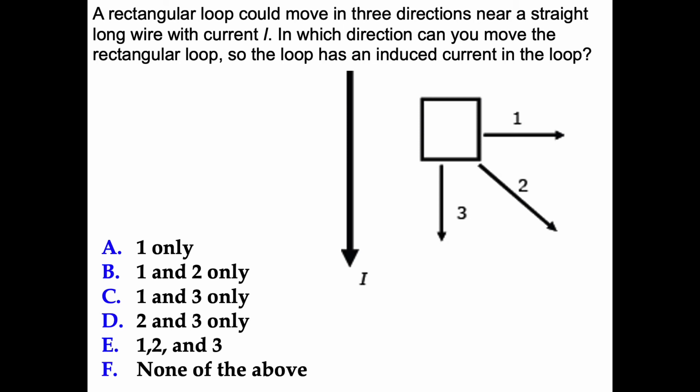In which direction can you move the rectangular loop so that it has an induced current in the loop? This one may be a little bit more challenging.